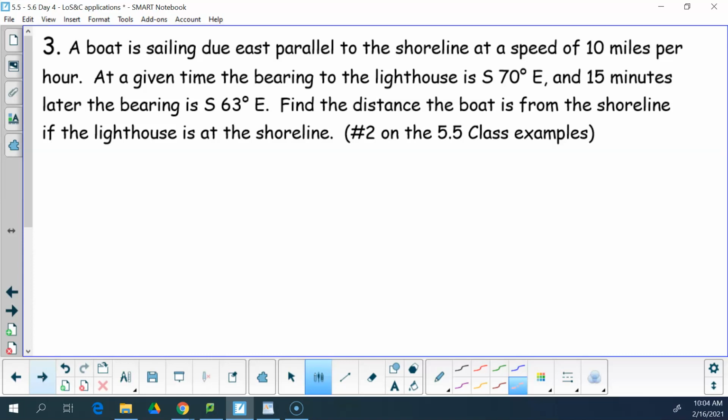Find the distance the boat is from the shoreline if the lighthouse is at the shore.